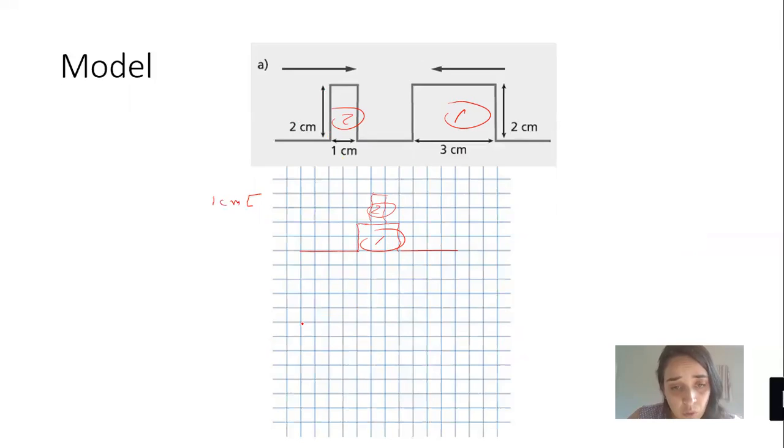I am going to draw this out one more time, but drawing it out together. So here I have my 2 centimeter height.